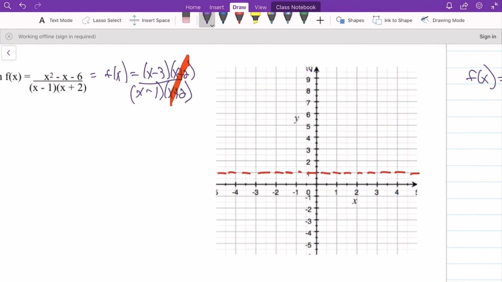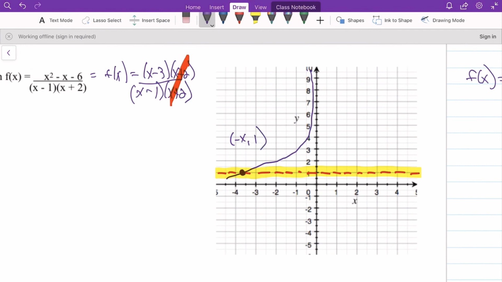So if I took just a piece of a rational function, say this part here, and let's say it intersected the horizontal asymptote right here. We're not really sure what the x-coordinate would be, but we are sure of what the y-coordinate would be, because on that line, every y-coordinate has to be 1.